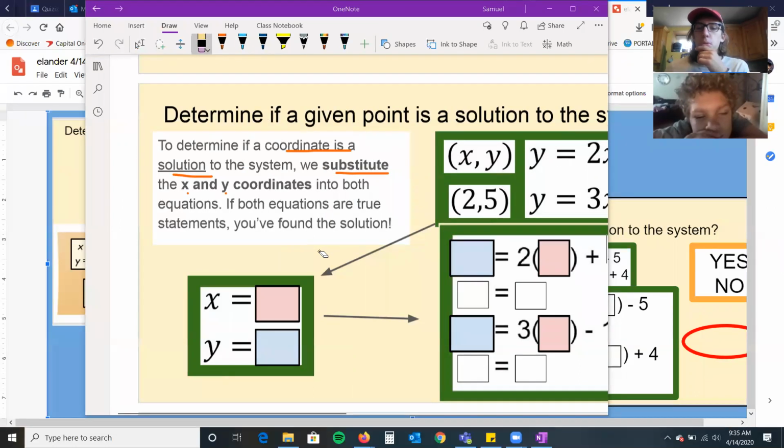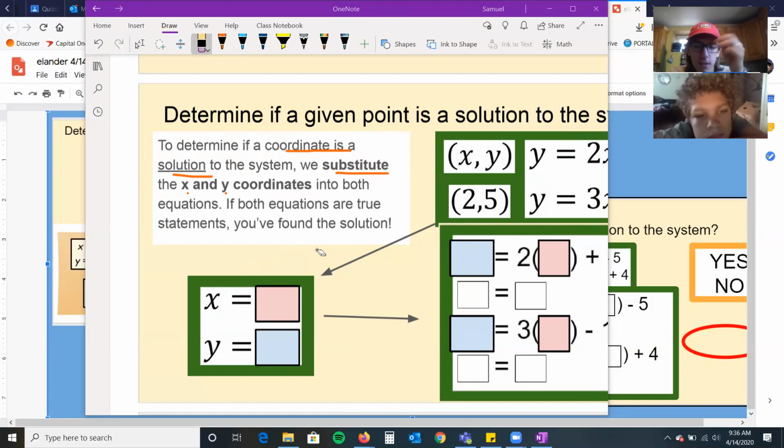What do you guys think? Don't be afraid. What is going to go in my X box, my red box there, and my blue box? If we are given, so they give us the coordinate pair 2, 5, right?